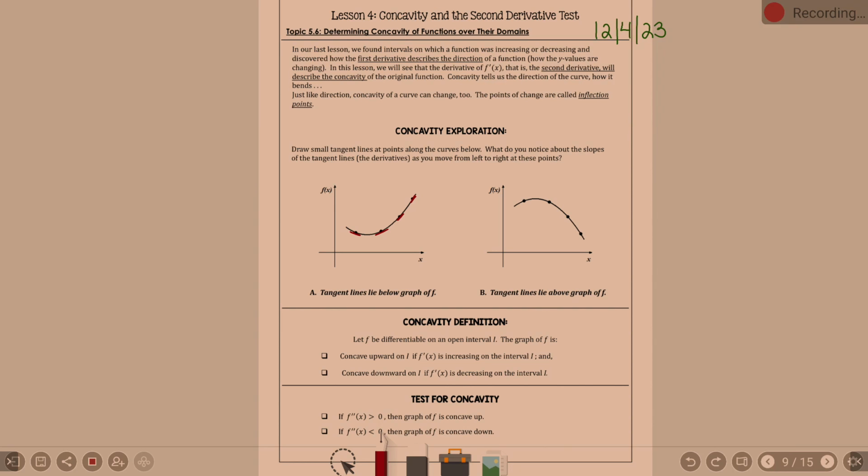So the idea is that my slopes are increasing. That means f prime is increasing. When you find that f prime is increasing, that means the graph is concave up.